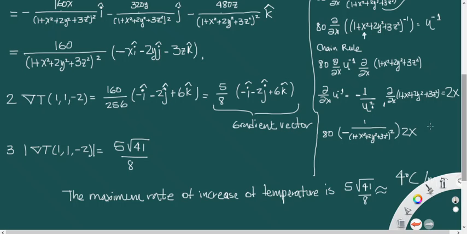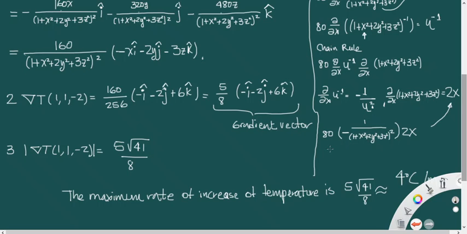This 2x is this 2x here. So this is the expanded expression for this. Remember that u is equal to this, and this is the derivative of the inner part.